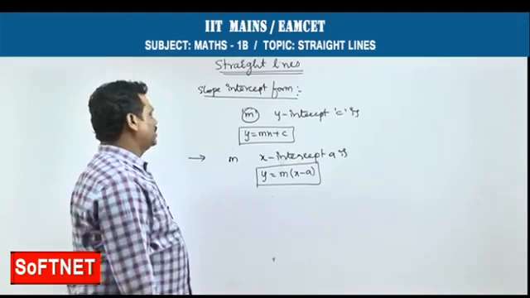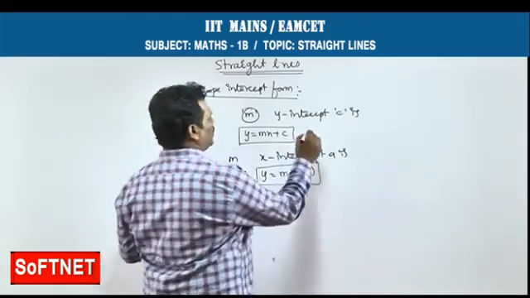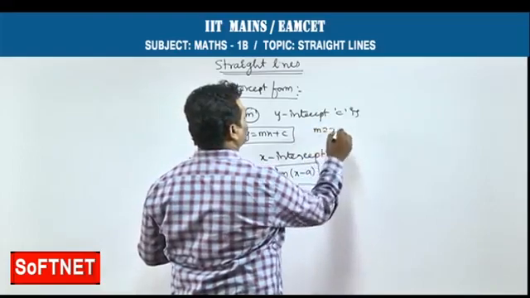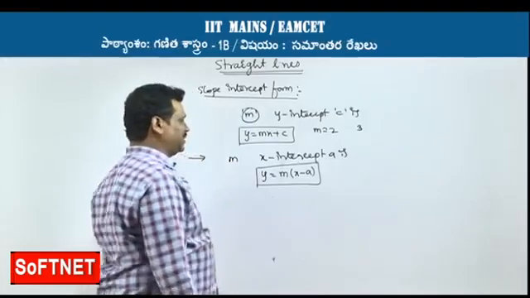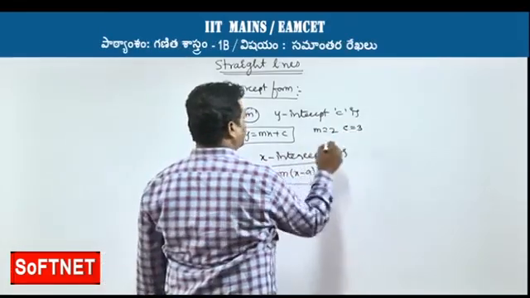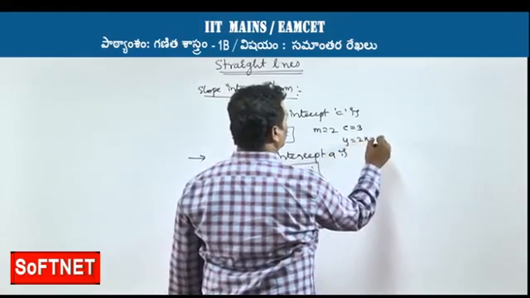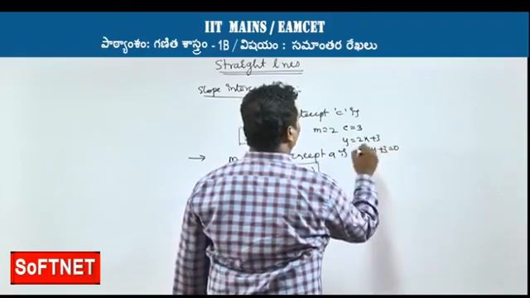For example, the equation of the straight line having slope m equal to 2 and y-intercept 3 is y is equal to 2x plus 3, that means 2x minus y plus 3 equal to 0.